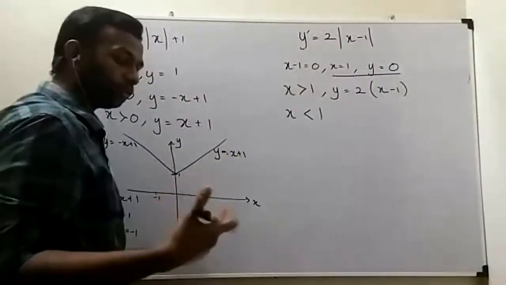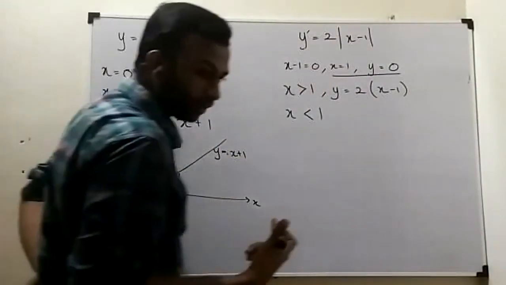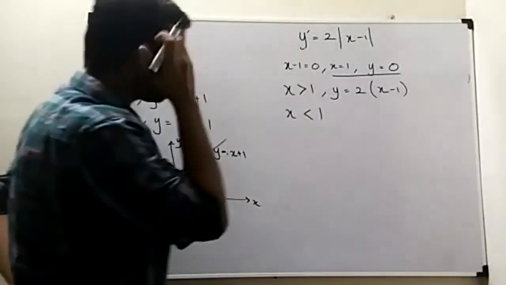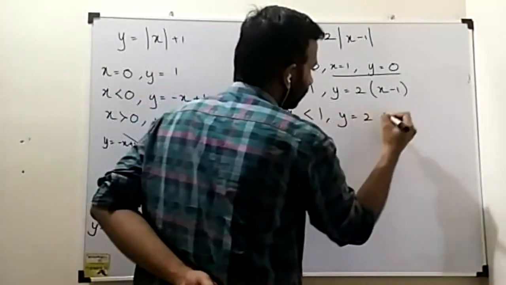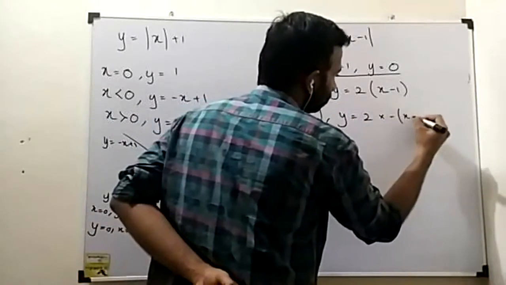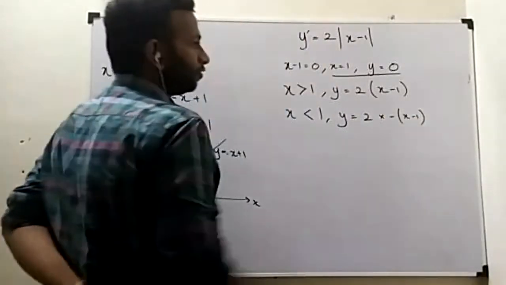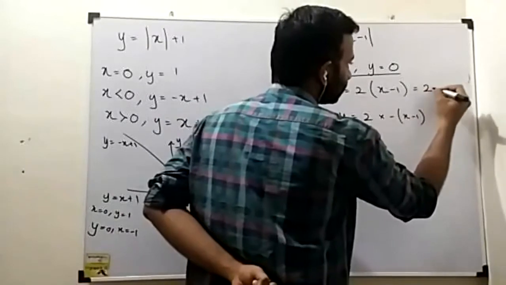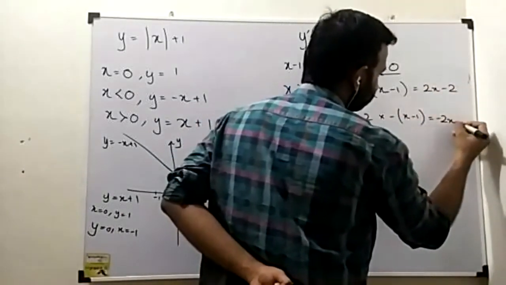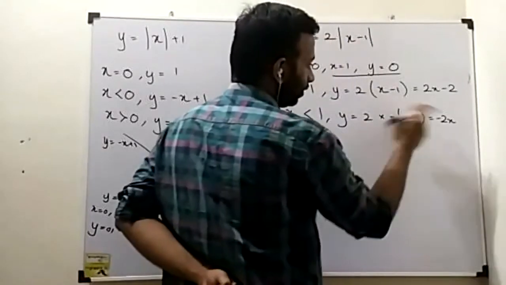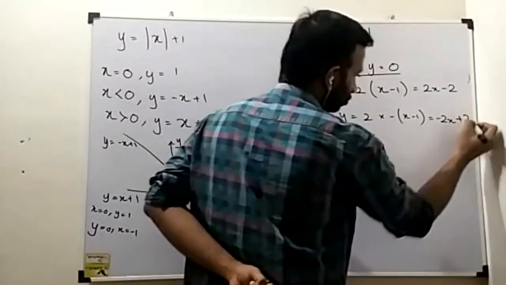So we need to make it positive, we need to multiply it by minus 1. So y is equal to minus (x minus 1). If you simplify this, it will be minus x plus 1. This is minus x plus 1, right?